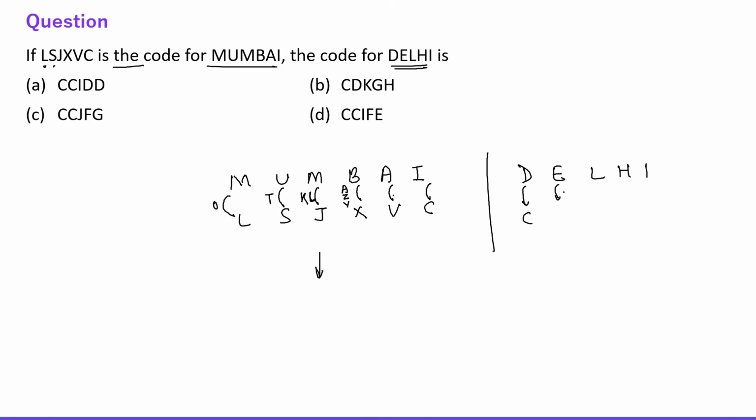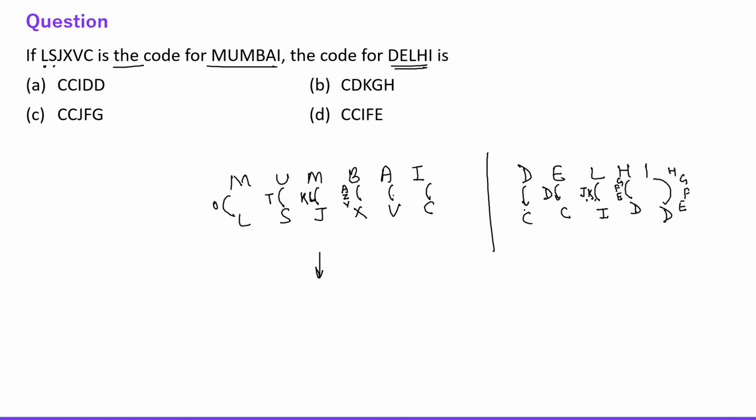Again, if you are moving back from E, then with the gap of 1 letter, C, D, E, you will get C. Then you go back from L: I, J, K, L, so you get I. Once you go back from H, then at the gap of 3 letters, E, F, G, H, you will get D. Similarly, at the gap of 4 letters, E, F, G, H, you get D again.